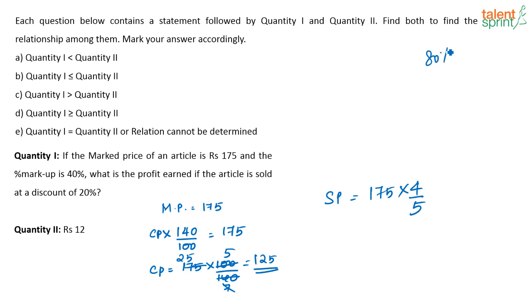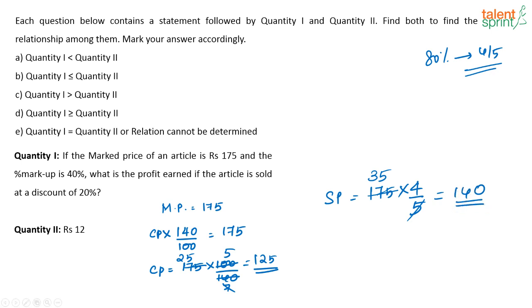Again, 80% in terms of fractions is 4 by 5. If you remember this fraction, it's always easier to solve. So what will you get here? Thirty-five into 4, that is 140.